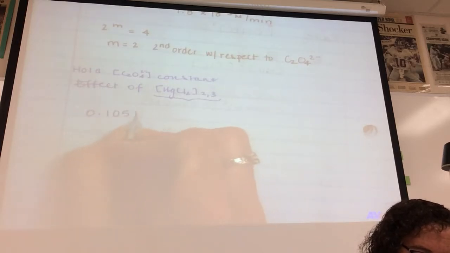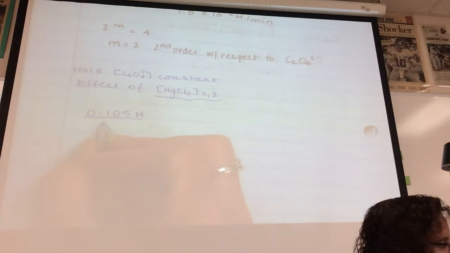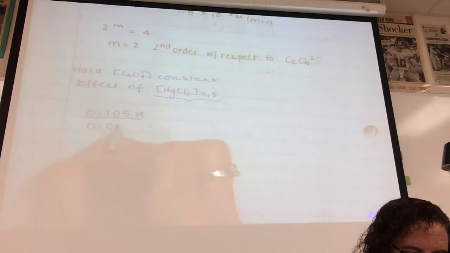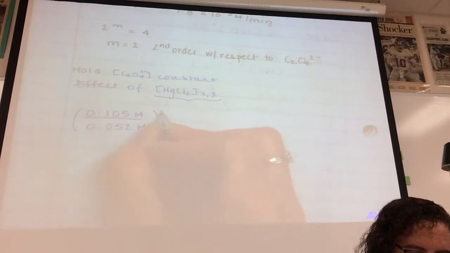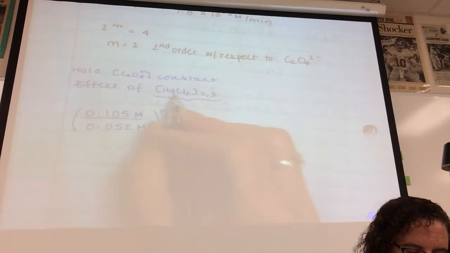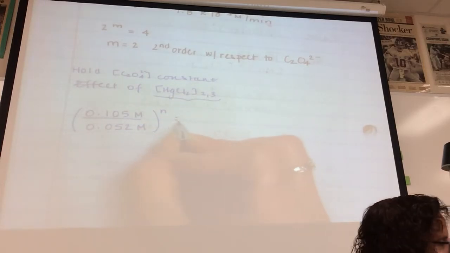0.105 molar over 0.052 molar. Again, I put the larger quantity in the numerator raised to the n because mercury 2 chloride is the first reactant.